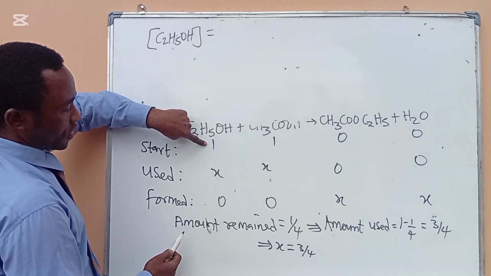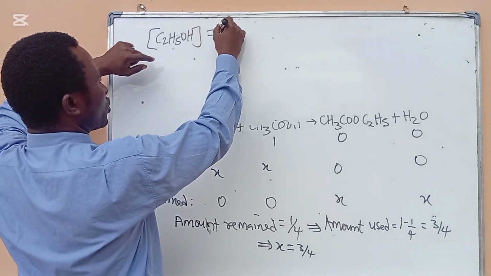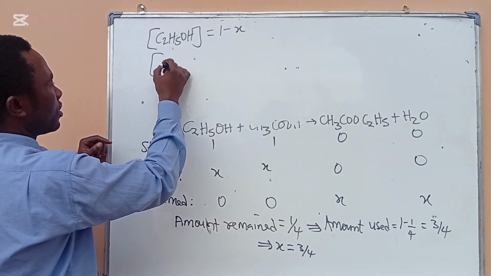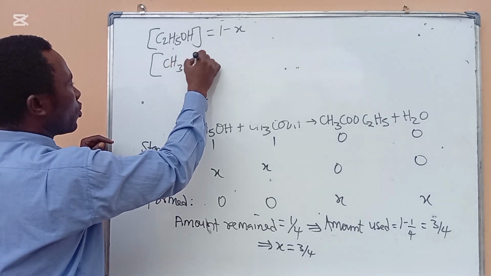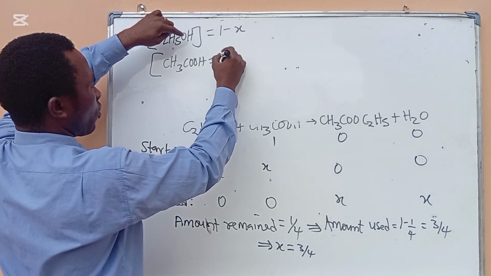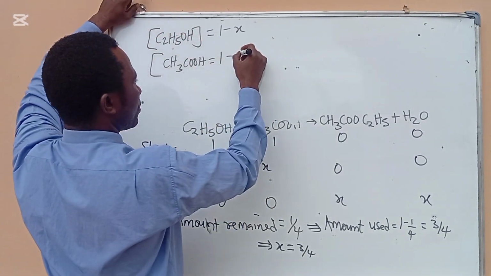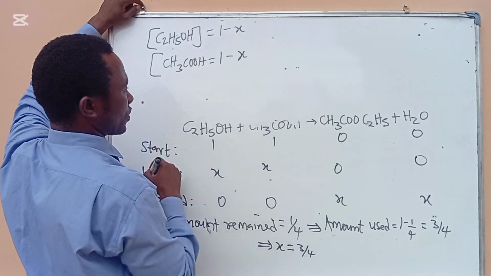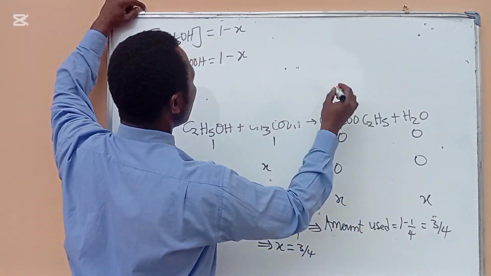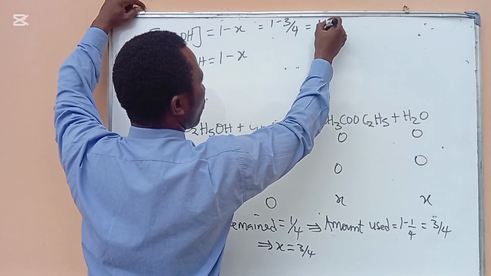It is start minus used plus formed. That will be equal to 1 minus x. Then for ethanoic acid, CH3COOH, it will be 1 minus x plus 0, that is 1 minus x. But remember that our x is 3 over 4. So this will be 1 minus 3 over 4, which is 1 over 4.